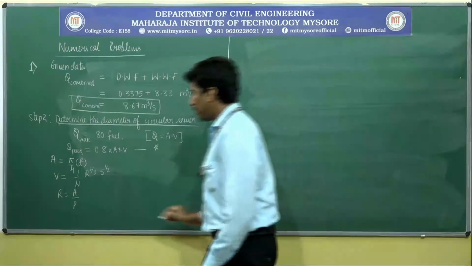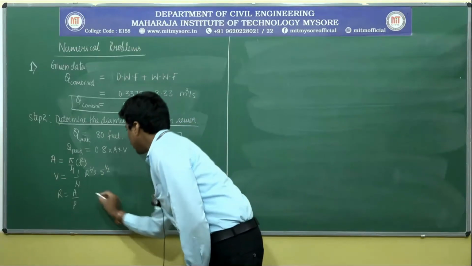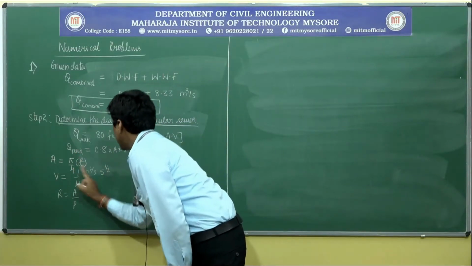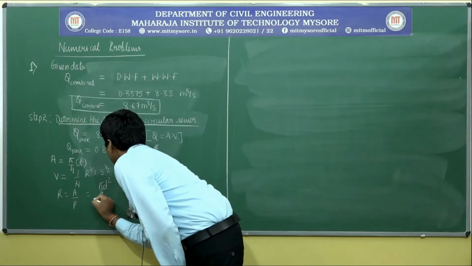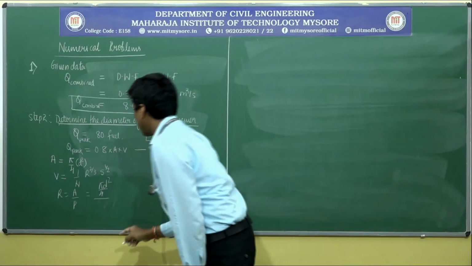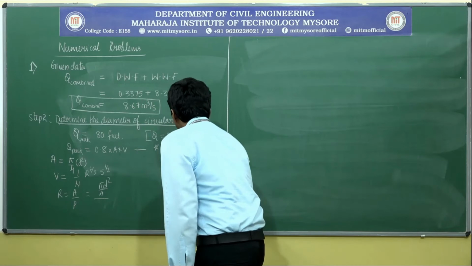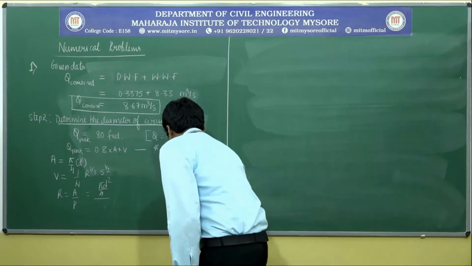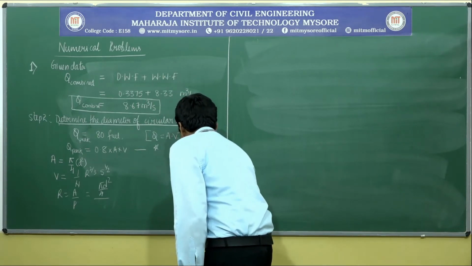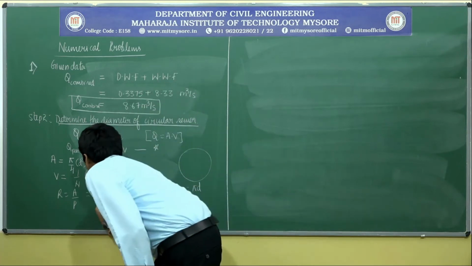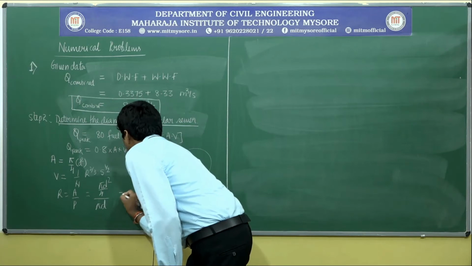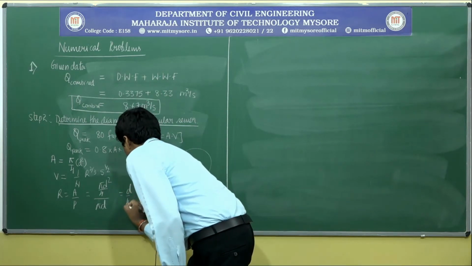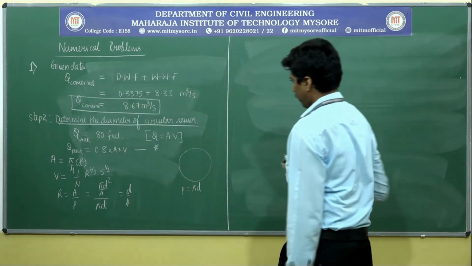R is equal to A by P. Area is pi d square by 4. The perimeter for a circular section is equal to the circumference, that is pi into d. Upon cross multiplication you get d by 4. R is equal to d by 4.